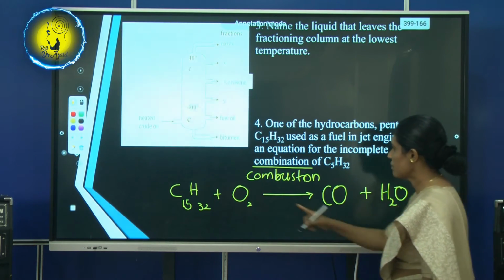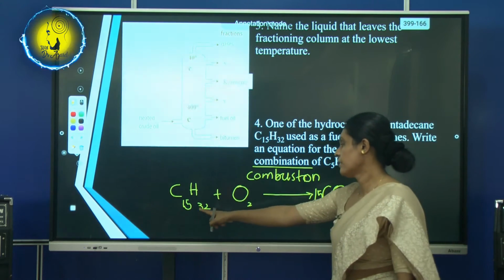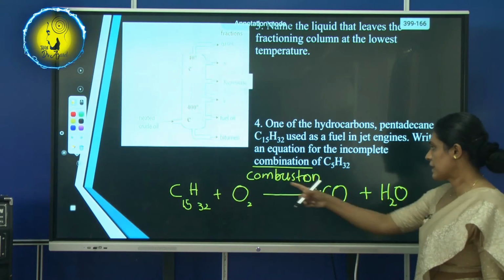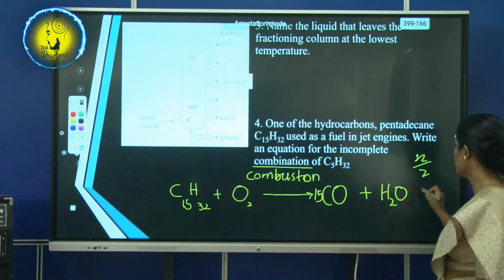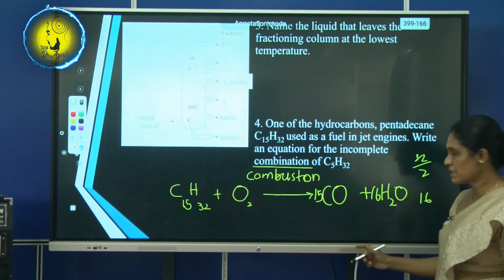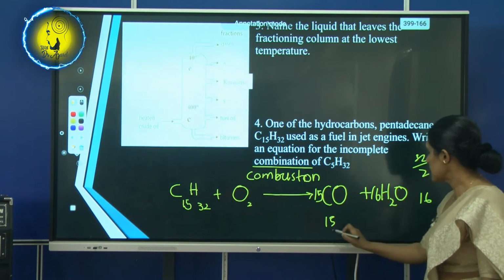Let's balance this. How many number of carbon atoms should be here? Here 15. So therefore I wrote here 15. So let's balance hydrogen 32. 32 divisible by 2. You will receive 16. Let's try to balance oxygen. Here we have 15 oxygen plus 16.